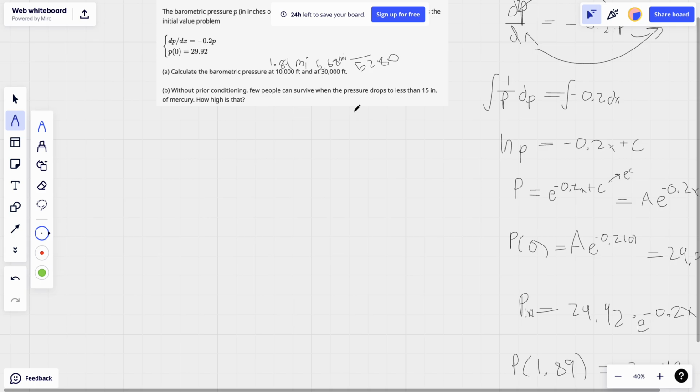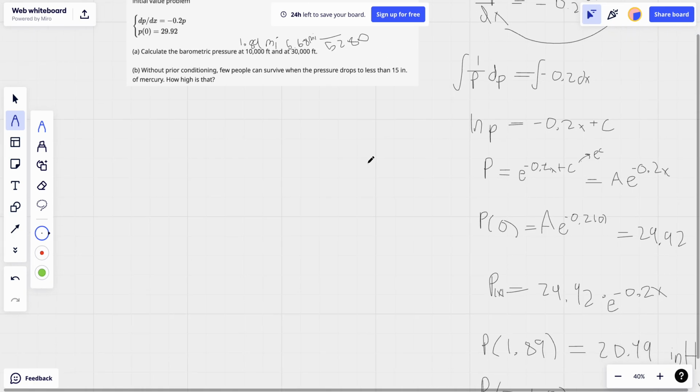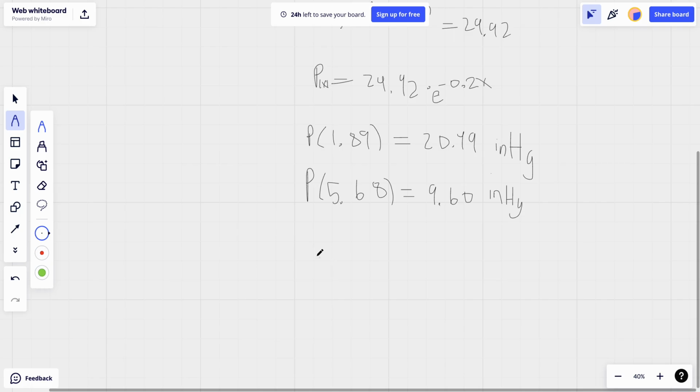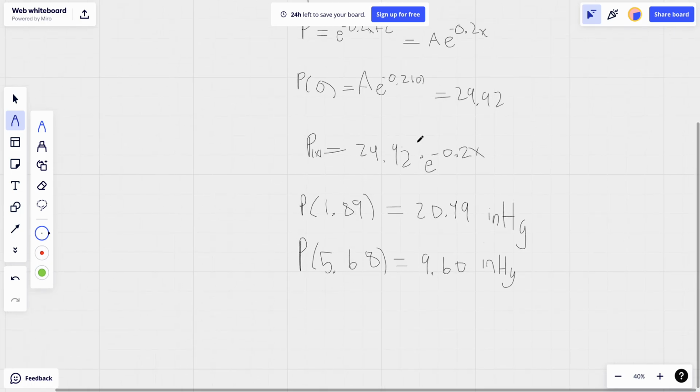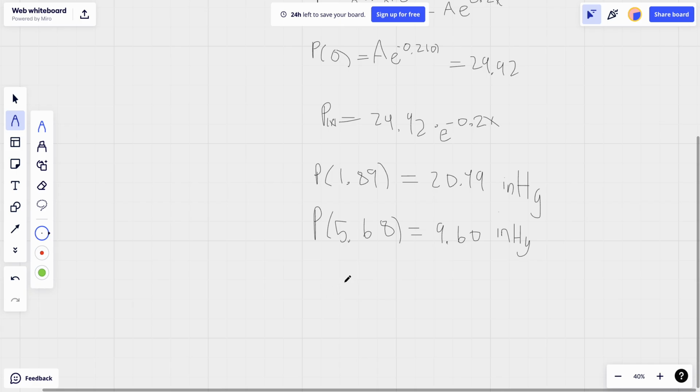And then with part B, we're asking how high, and we can use any unit, how high in miles is it when the pressure is 15 inches of mercury. So we are going to set up the same equation as up here. We're just going to set this equal to 15 inches of mercury, and we're going to solve for x.